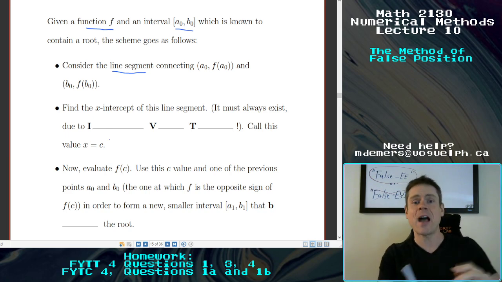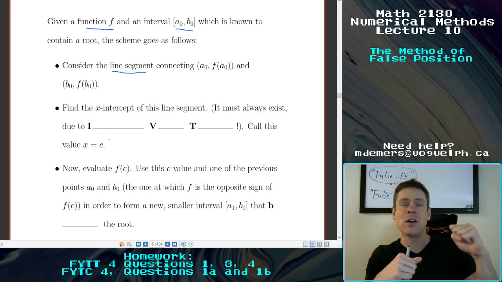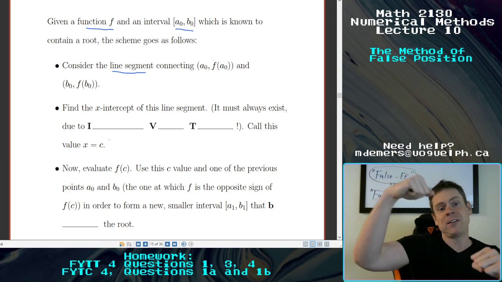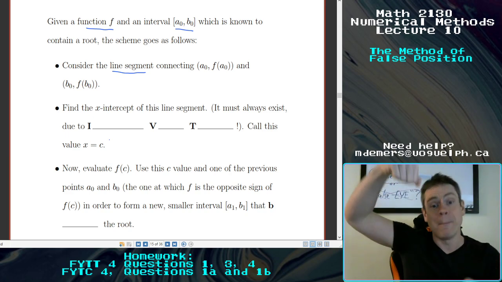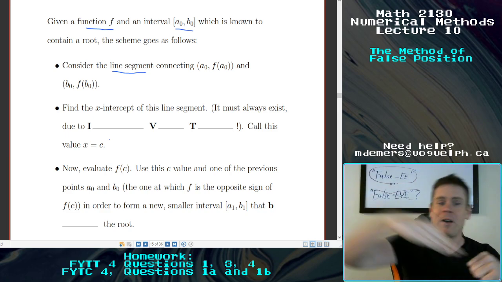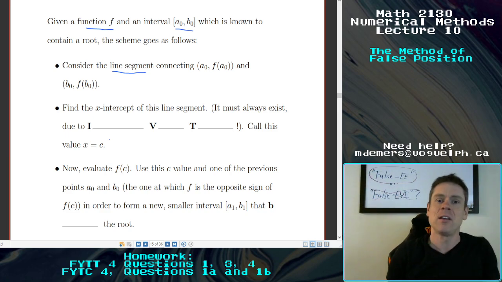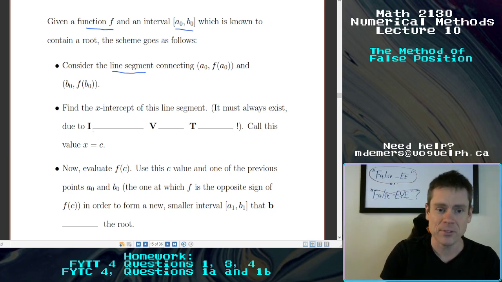Because one of (a0, f(a0)) and (b0, f(b0)) is going to be below the x-axis and one will be above, by the intermediate value theorem that line segment has to pierce the x-axis. That x-intercept must exist due to the intermediate value theorem.